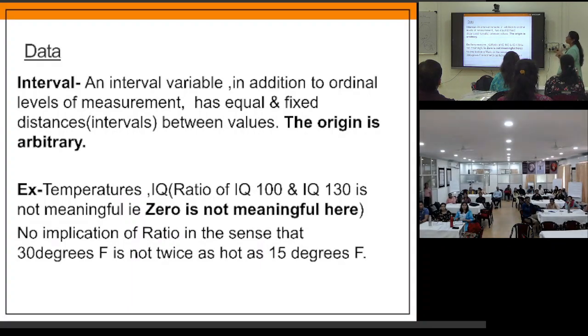So 0 is not meaningful in the interval scale. No implication of the ratio: 30 degrees Fahrenheit is not twice as hot as 15 degrees. Okay, so 0 has got no meaning, but the distances are fixed and equal.